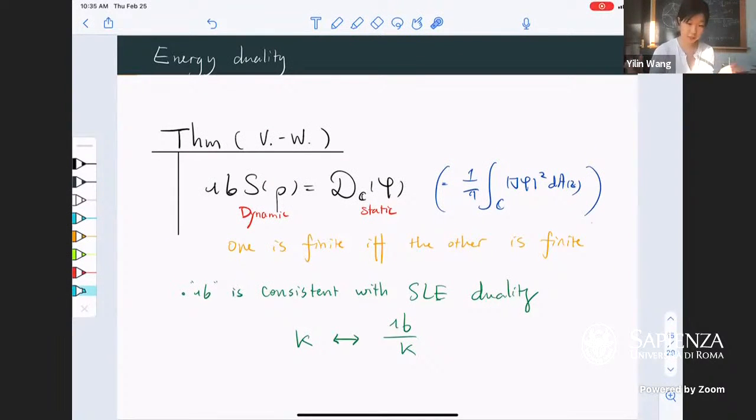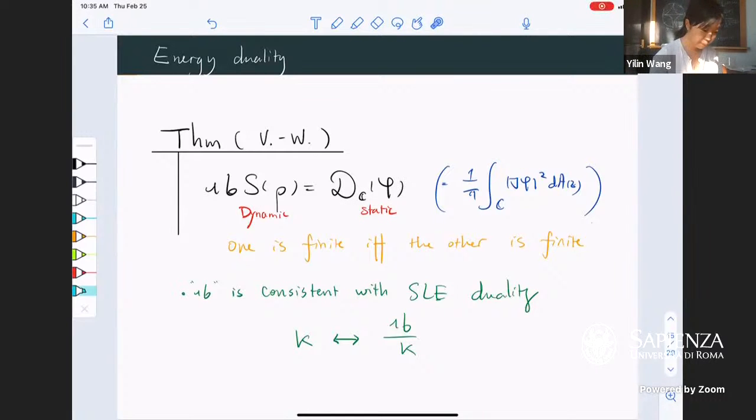You just look at what this foliation looks like and write down its Dirichlet energy. And they're equal. And our result actually says that one is finite if and only if the other is finite. So this is really the optimal result that we can hope for.